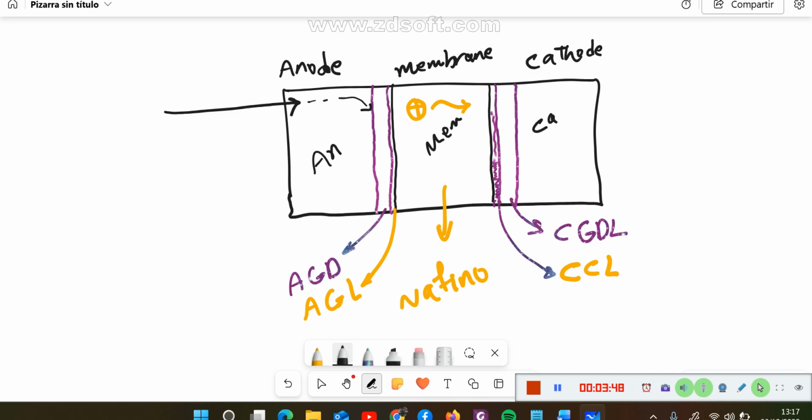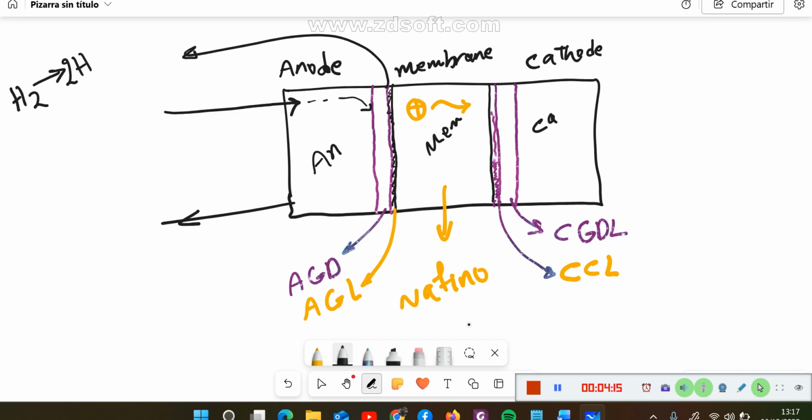The hydrogen diffuses through the whole surface of the catalyst layer, and in the catalyst layer the hydrogen molecule is divided into protons and electrons. So in this area we have this equation: hydrogen converts to protons plus electrons.